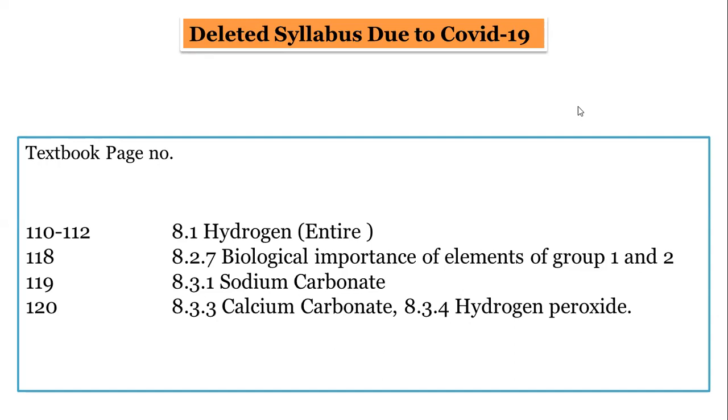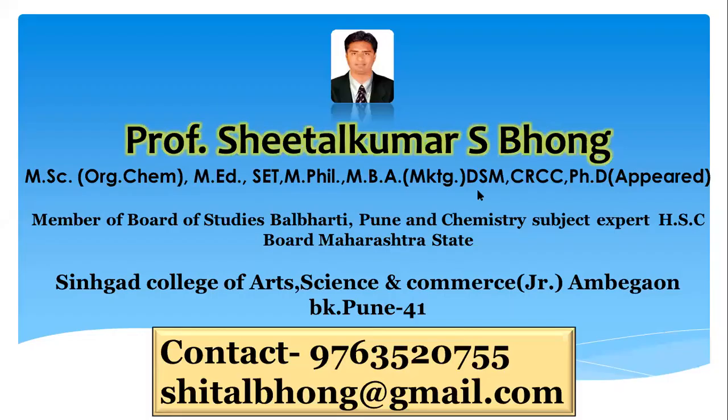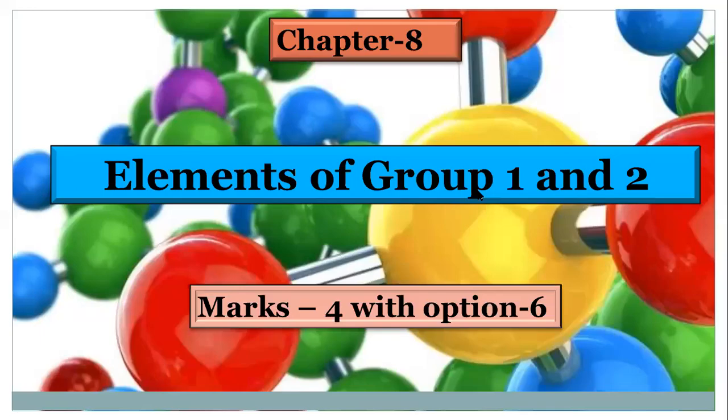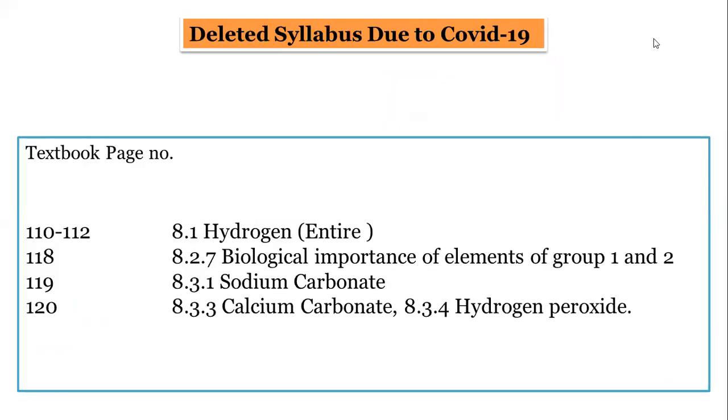We started the 11th standard from chapter number 14, that is basic principles of organic chemistry. The names of the chapters are, I think, not given in this slide. So I will show. If the textbook is in front of you, I will tell you which chapters are completed. Chapter number 14 is completed, 15 is completed, that is hydrocarbons.